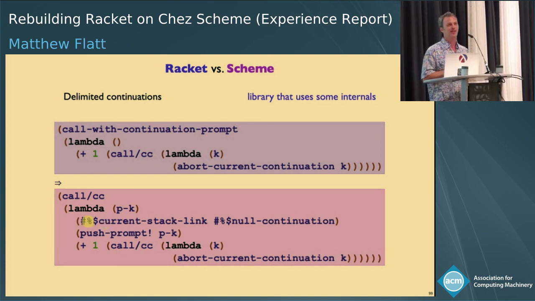So $ means go get a primitive, one that you didn't mean to hand out to the rest of the world, but I know it's there anyway. Of course, Racket on Chez Scheme is very tied to the Chez Scheme implementation, so that's why we feel okay doing this kind of thing. And it's no coincidence that we can get delimited continuations, because the Chez Scheme implementers have looked at them for many years before I did.